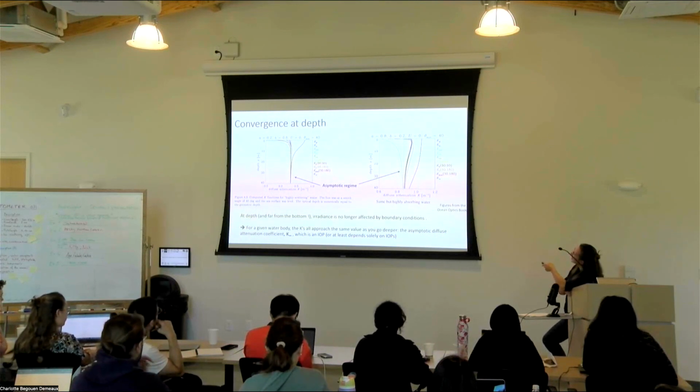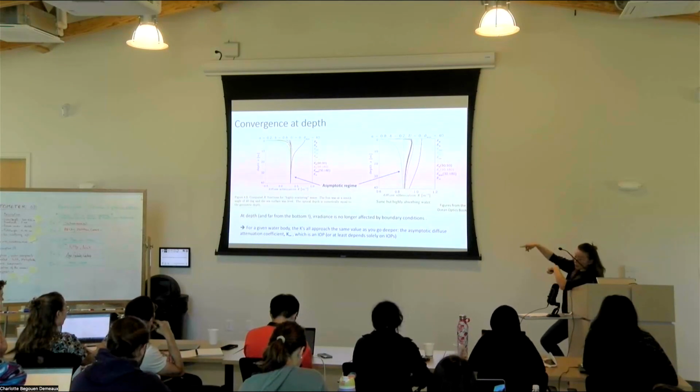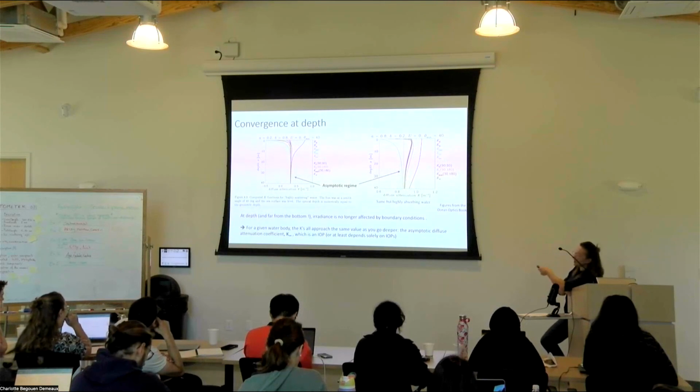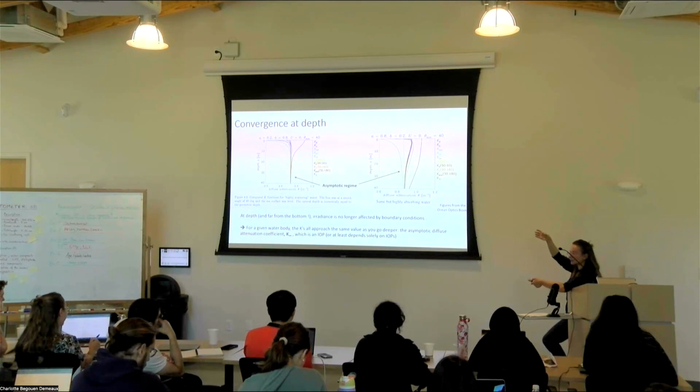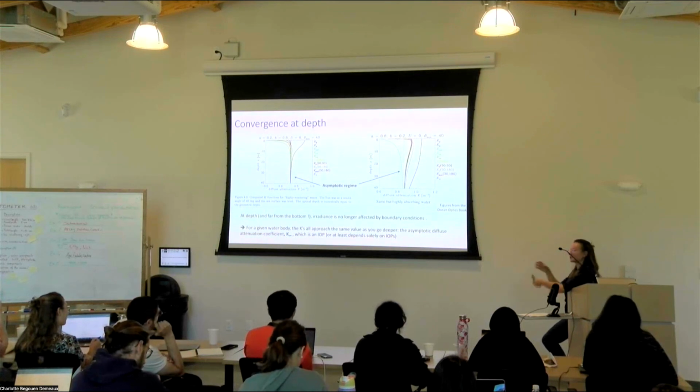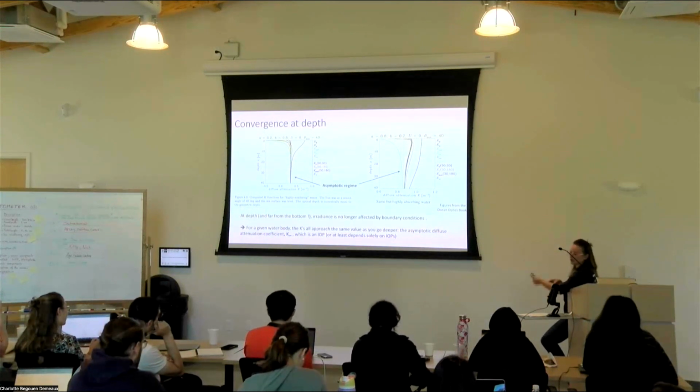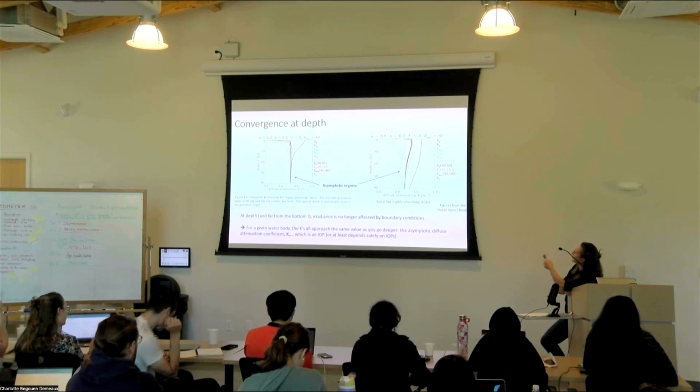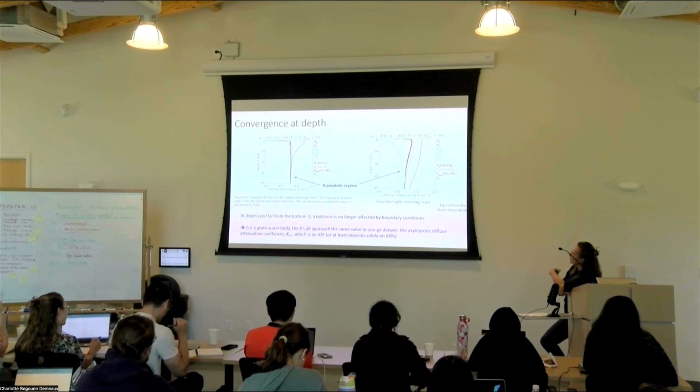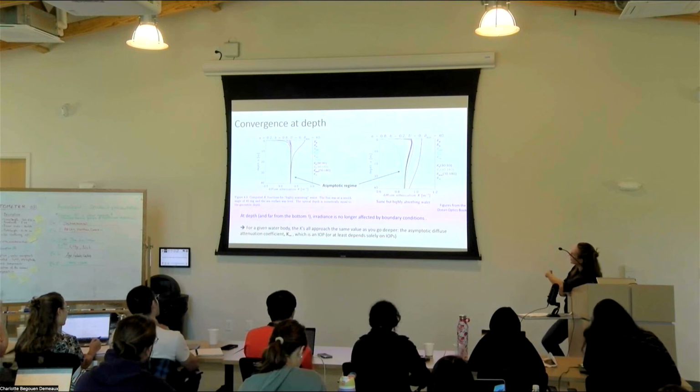Whereas in absorbing water, it will take much longer. So this is the same Y scale. It will take much longer for the Ks to converge, because you still have that collimated beam that is getting absorbed smaller and smaller, but you'll see it pretty deep, right? Whereas if you're looking down, you won't see it. So the difference between a KU and a KD will last much longer.